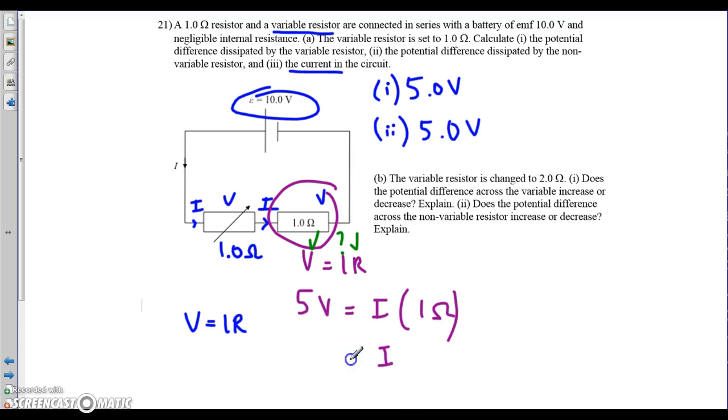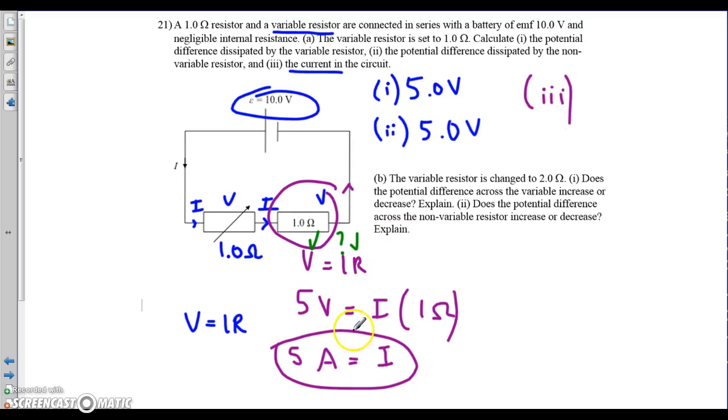You divide both sides by an ohm, and you get 5 amps, 5 amperes. So that's how you find the current through this resistor. But the current through this resistor is equal to the current in the entire circuit, because there aren't any other branches. There's just that one branch, and so this is the total current. So 5 amps.